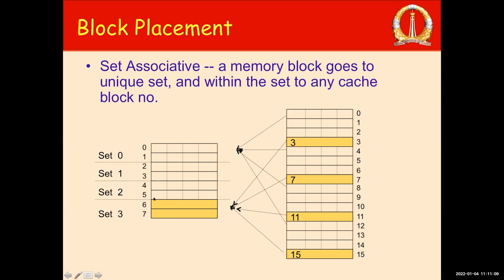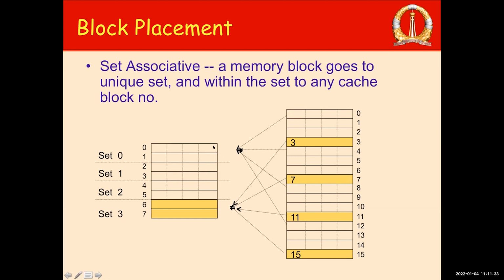In this particular example, if the cache contains a total of, let's say, 8 blocks, and you want to organize it as a two-way set associative cache, then each set would contain 2 blocks, and there will be 4 sets.